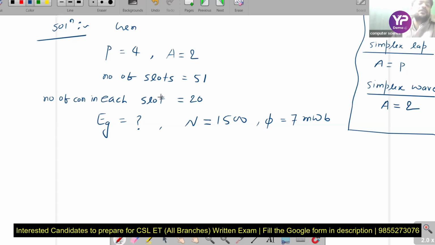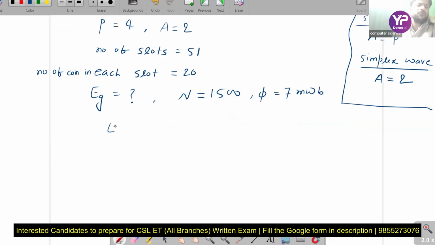Here the number of poles, parallel paths and conductors are mentioned, so we use the formula: generated EMF is equal to phi P N Z upon 60 into A.